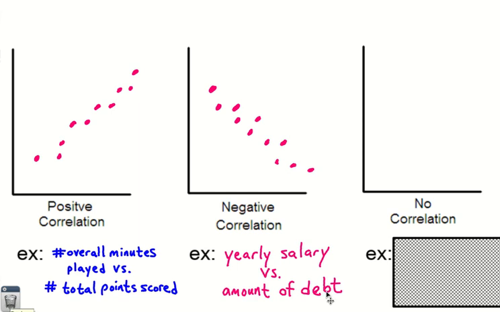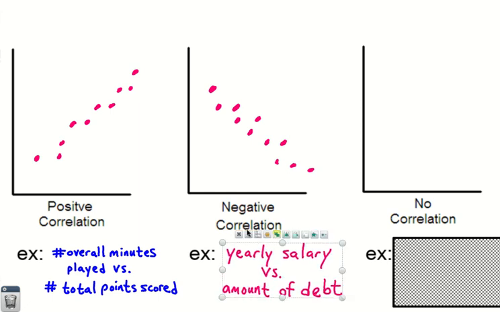Yeah, maybe. That's probably not the best example ever, because this is definitely not going to be a perfect situation. But I think if you survey enough of the population, I would think the higher someone's yearly salary is, probably the less debt they have.